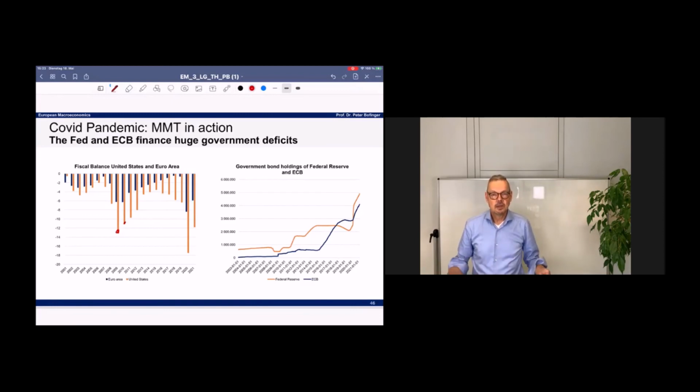And it's much more difficult to coordinate these different national policymakers to find a common approach to generate a fiscal stimulus that is really required to stabilize the economy. And this is an institutional flaw of the euro area, and we'll discuss this in more detail in the next weeks.